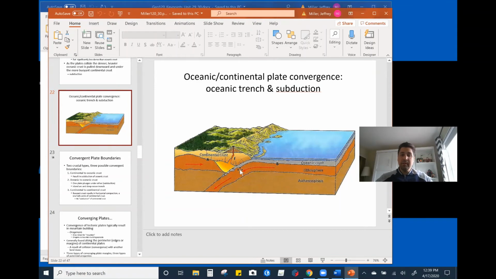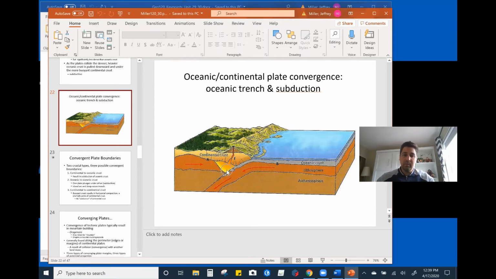Because you have one plate going under another, in many examples we have very tall mountain ranges right up against cliffs, right up against where the ocean itself is, because of this continental versus ocean plate convergence. The ocean plate goes down, and the continental plate has nowhere to go but, in many cases, up, creating these ranges of mountains and cliffs. Okay?